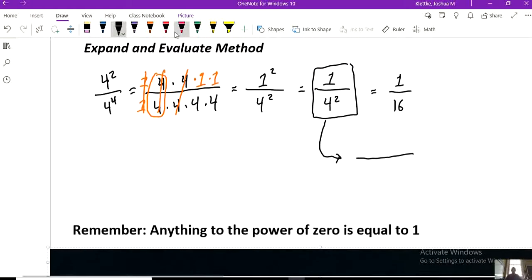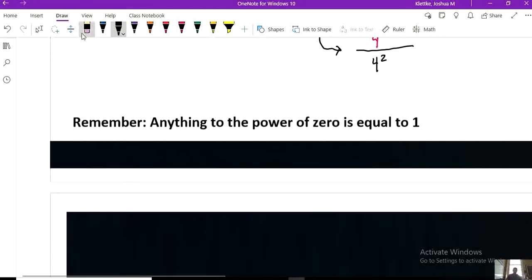Instead of 1, I can put something that's the same value as 1. I'm going to put 4 to the 0 power, because this is still a value of 1. I'm just putting it in a different form. And I'm going to put 4 to the second underneath it. And we are going to go ahead and we're going to actually talk about something else for a second.